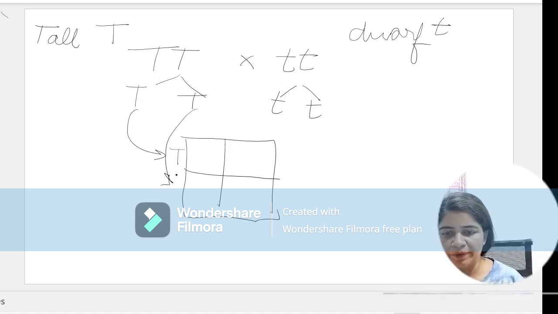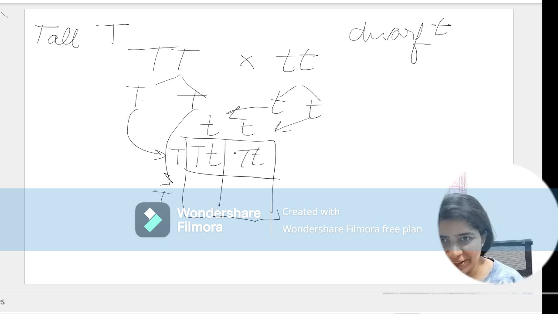So we write capital T here, and these two here. So we write small t and small t. Thus we get capital T and small t. Here also capital T and small t.